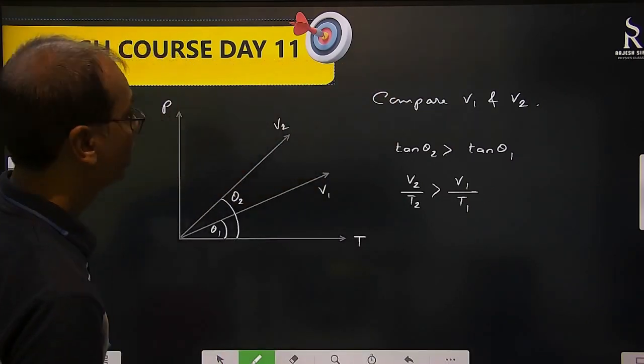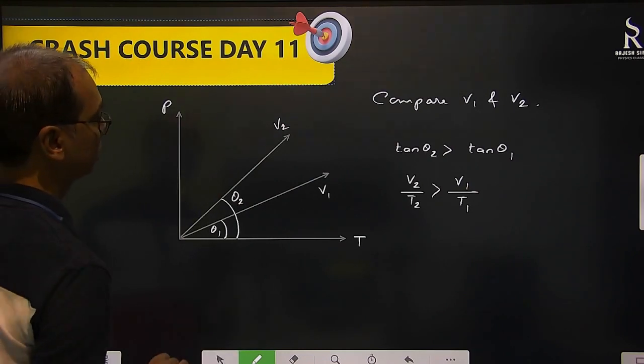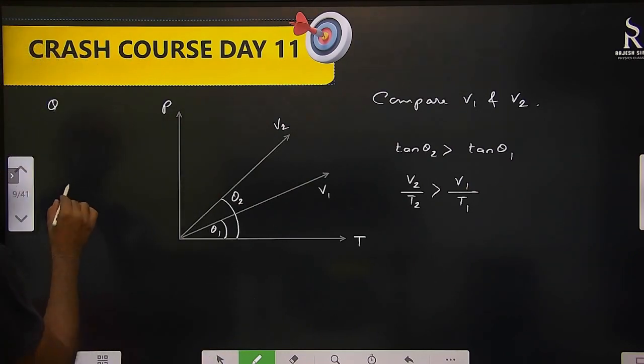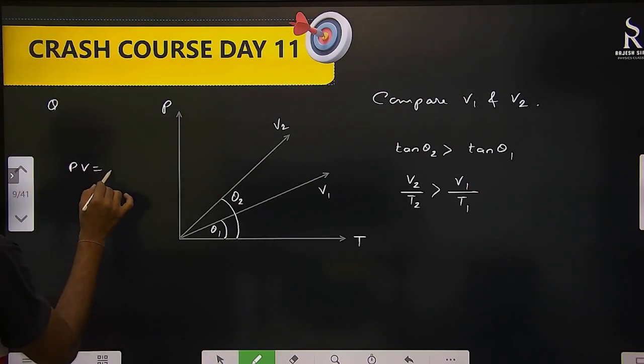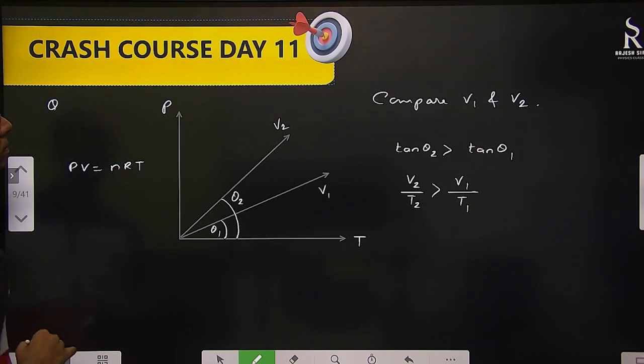What we saw already is that the ideal gas equation says PV equals nRT, and in this one V is constant.